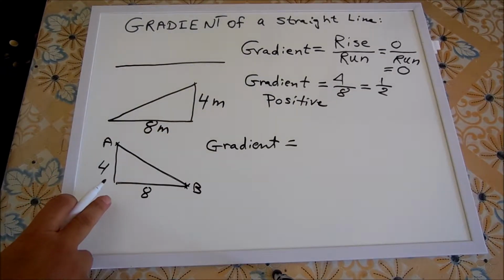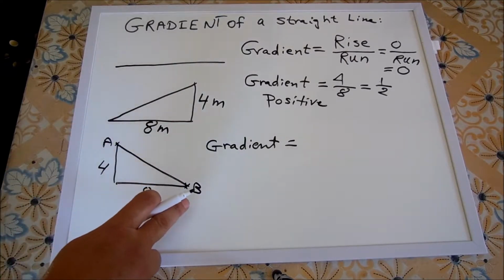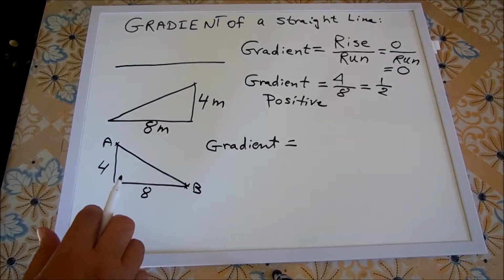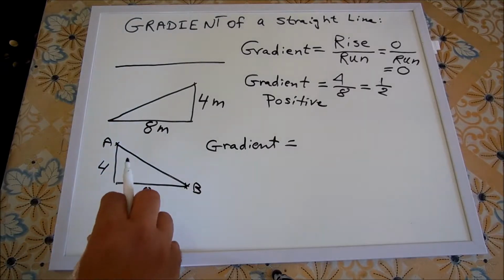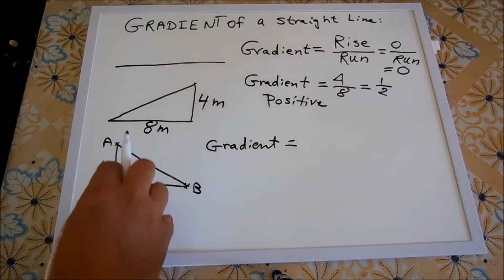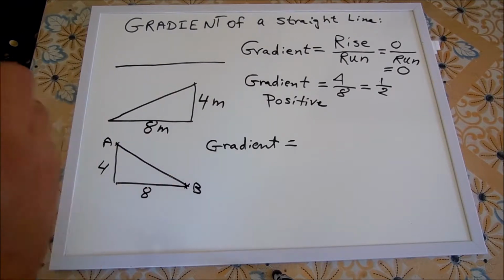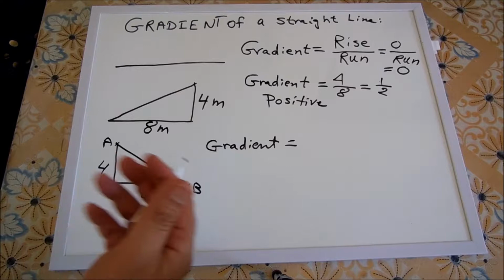Okay, so in this scenario, we are starting at A and going down to B. So the height is decreasing this time. We are going down because the height is decreasing. So we have a displacement or a rise of -4, not +4 as the case before.